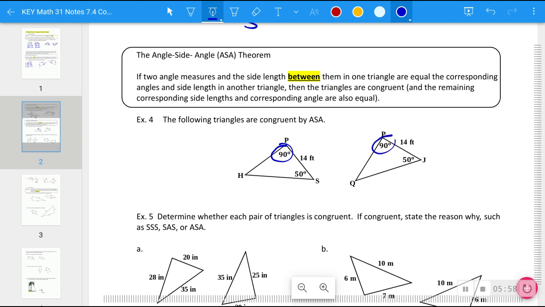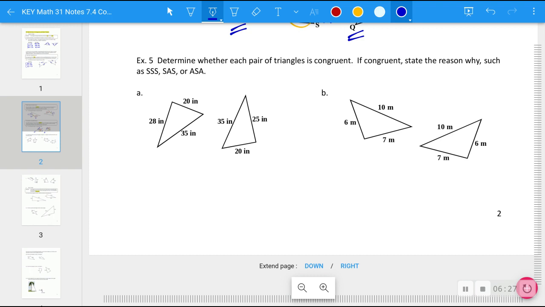These two angles match, and then these two sides match, and finally these two angles match. And what we have here is an angle and then a side and an angle, ASA. And these triangles are congruent. So once you know that, then you can go the rest of the way and say, for instance, angle H and angle Q would be equal also.